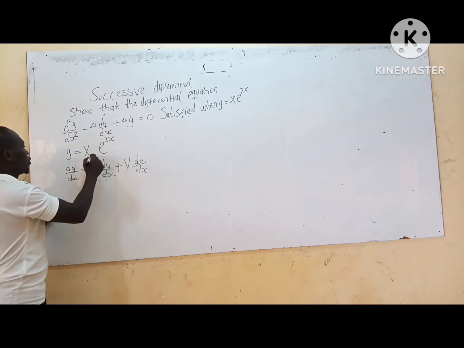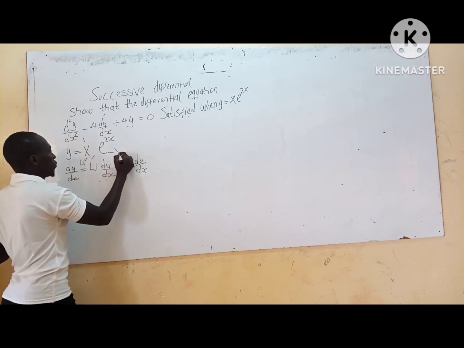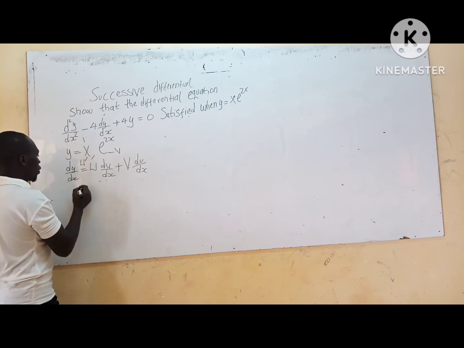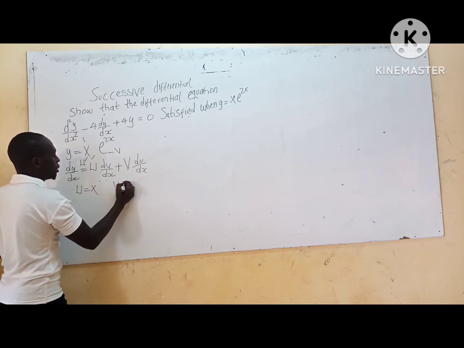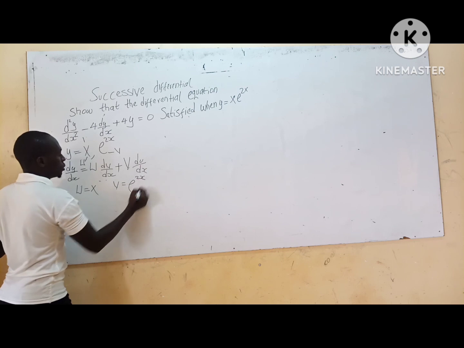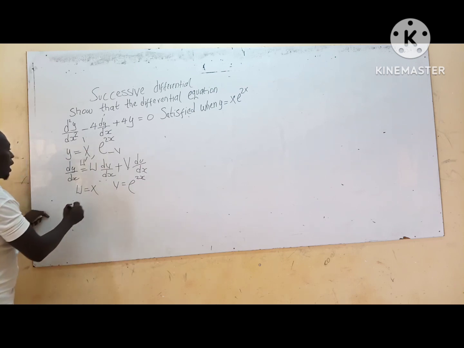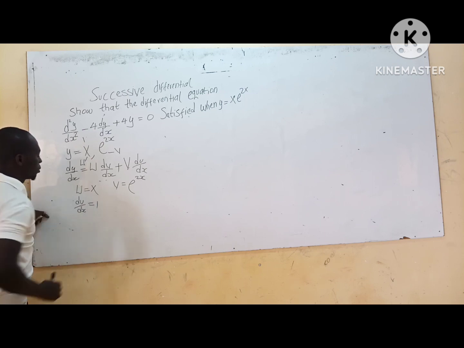Our term of u is equal to this one, and our term of v is equal to this. So we are going to have u equals x, and v equals exponential 2x. Our differential du with respect to dx will be equal to 1.